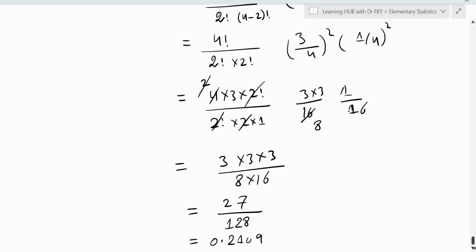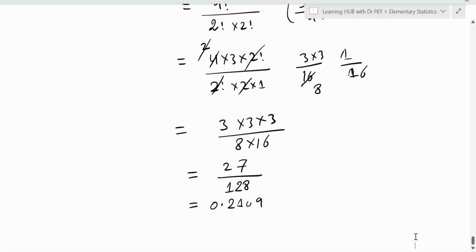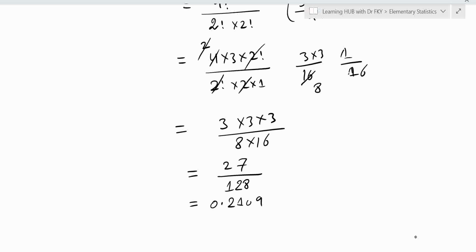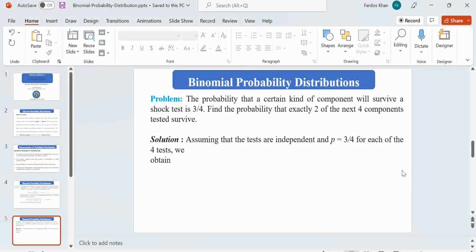This is the required probability. Probability up to 4 and 3 divided by 4. You can see the problem again and you can interpret the result. So this is the solution to this problem.